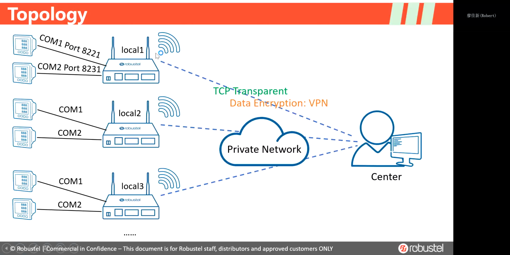The R1500 works as a TCP server. The server port is defined as COM1 with 8221, COM2 with 8231. In this case, the center side will be a TCP client connecting to the R1500 with ports 8221 and 8231.